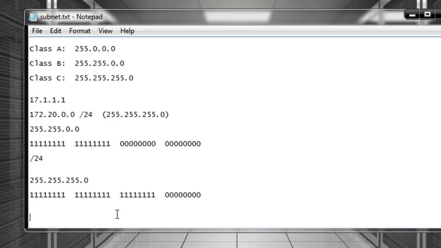So let's do that. Just to show you, it's 2 times 2 equals 4 times 2 equals 8 times 2 equals 16 times 2 equals 32 times 2 equals how many? 64 times 2 equals 128, and times 2 equals 256.